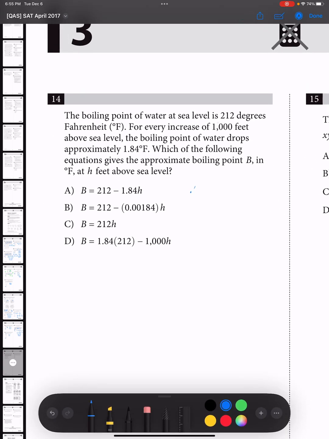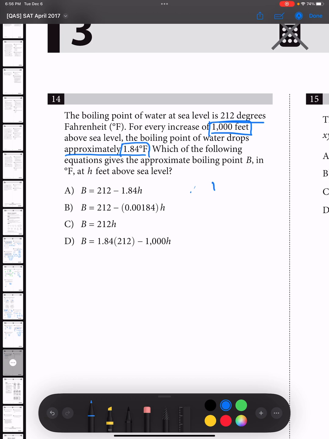The boiling point of water at sea level is 212 degrees. For every increase of 1,000 feet above sea level, the boiling point of water drops approximately 1.84 Fahrenheit. So the following equation gives the approximate boiling point B. We see that for every increase of 1,000 feet, it's decreasing approximately 1.84.